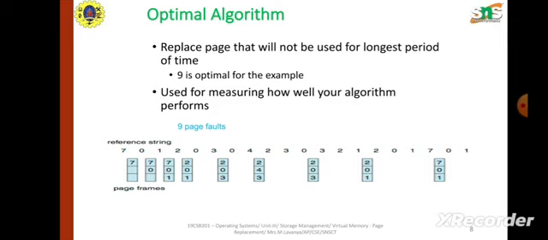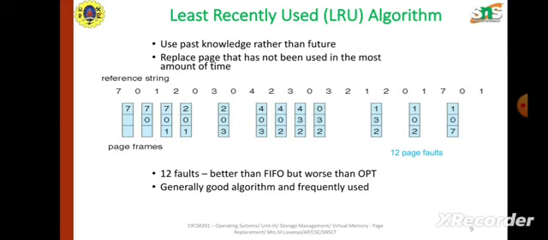So while comparing to the optimal, LRU has the worse case and it has more page faults. Among these 3, FIFO page replacement, optimal and LRU, the optimal will have the least page faults. Next, the LRU algorithm will have a medium number of page faults, and FIFO will have the most page faults.